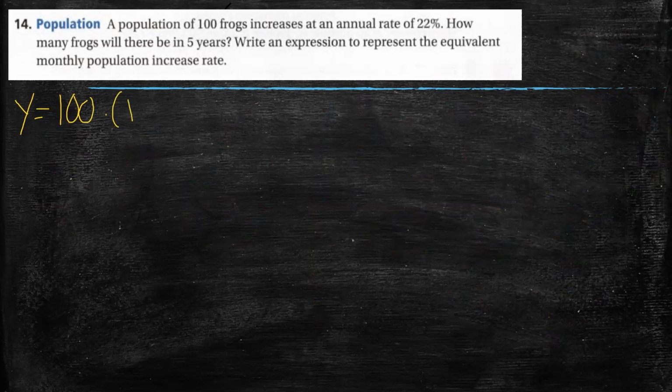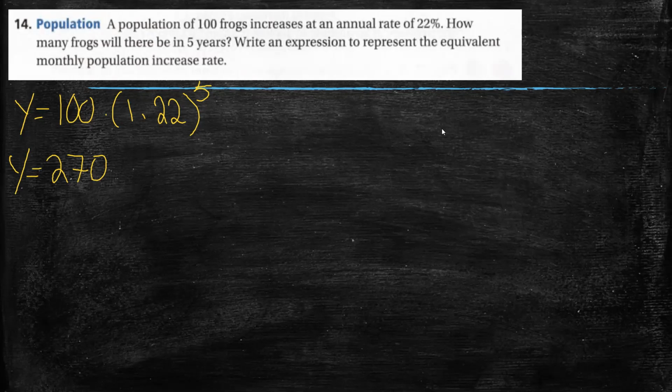We said b is 1.22, raised to the power 5. Is this part clear for you? Yes, teacher. After we solve it, we find that the number of frogs was 270 frogs. This is for the first part.